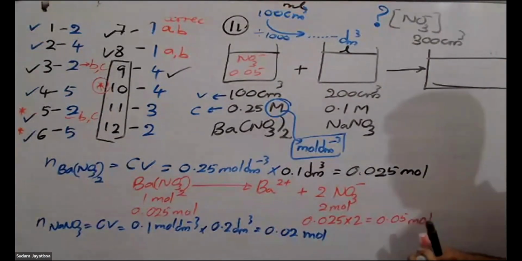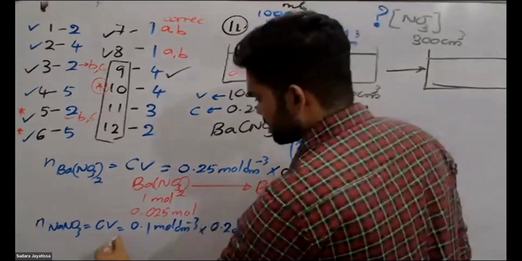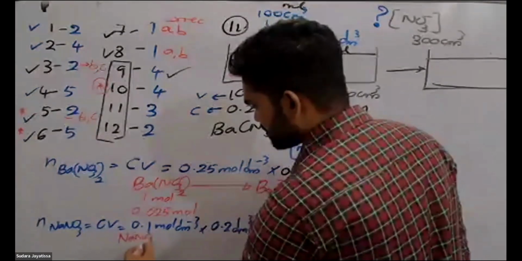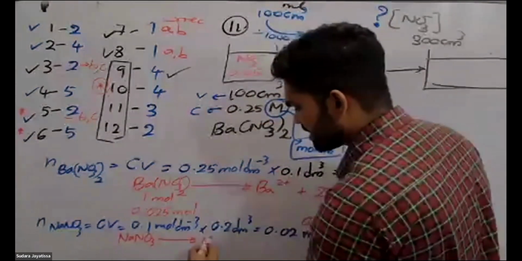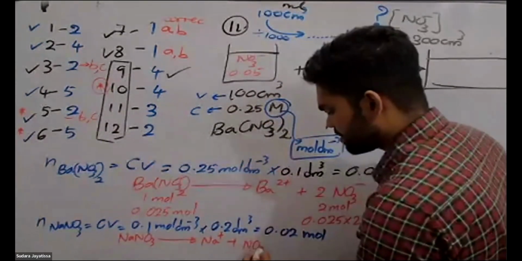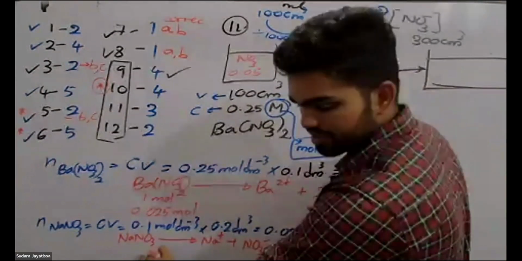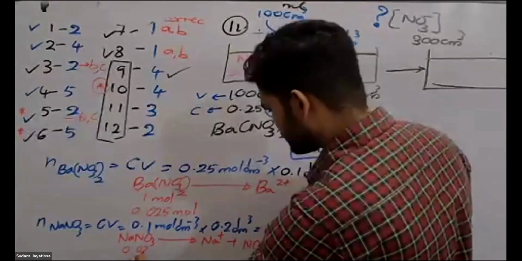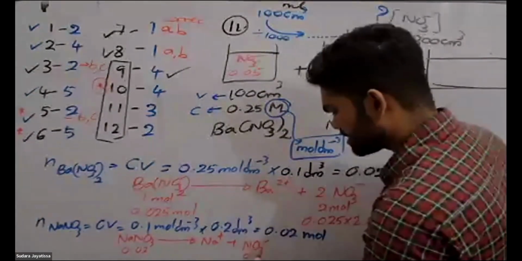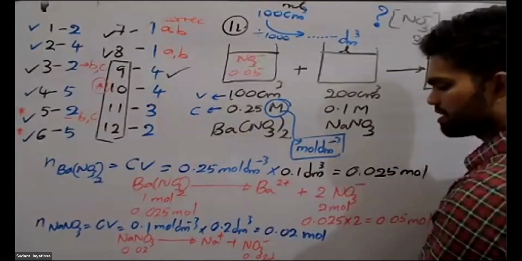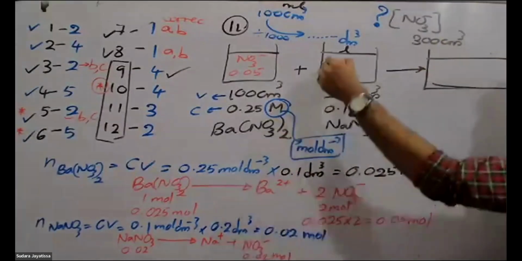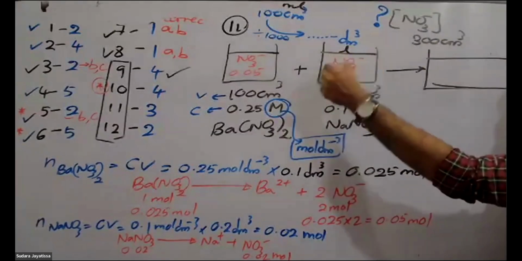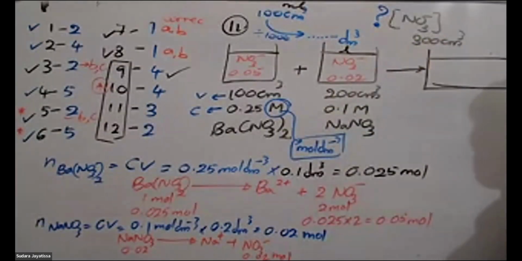Okay, so then that compound, sodium nitrate, if you break this one, you will have sodium plus and NO3 minus. So 0.02 of this compound will give you 0.02 moles of nitrate. So here from nitrate you will be having 0.02.